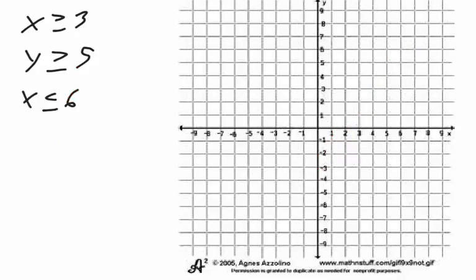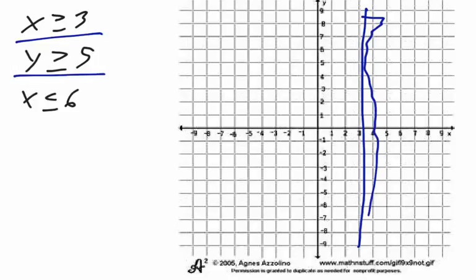And the other thing that may happen when we graph is something that looks along the lines of this problem. So if x is greater than or equal to 3, there's 3, and we're over to the right. y is greater than or equal to 5, I'll do in red, where we have this.